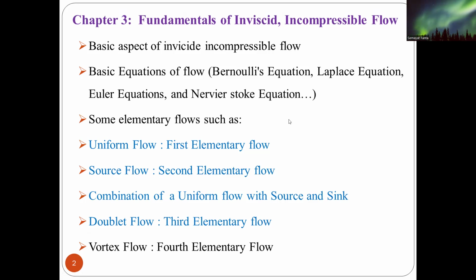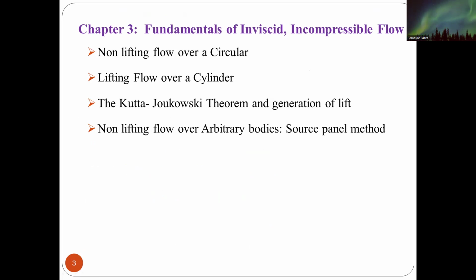Then the content also covers some elementary flow types such as uniform flow, source flow, doublet flow, vortex flow, and combination of uniform flow with source and sink. Such kind of superposition is also included.